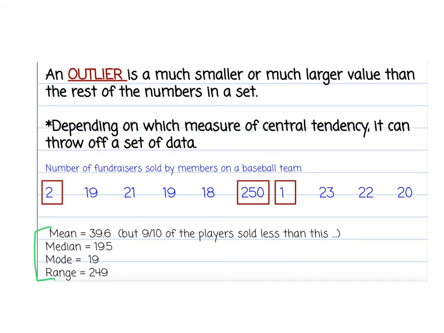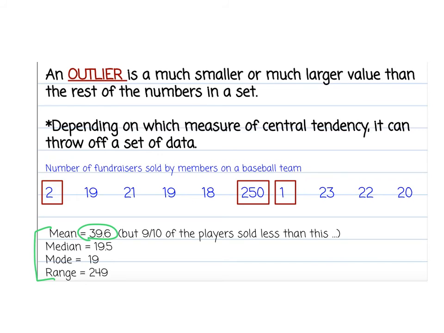But if you look, the mean, again, that means the average, a number that's kind of in the middle of everything you got. Well, the average they're saying is almost 40, but almost everybody got less than 40, and nobody's even close to that. So those numbers, those outliers, really throw off the data.